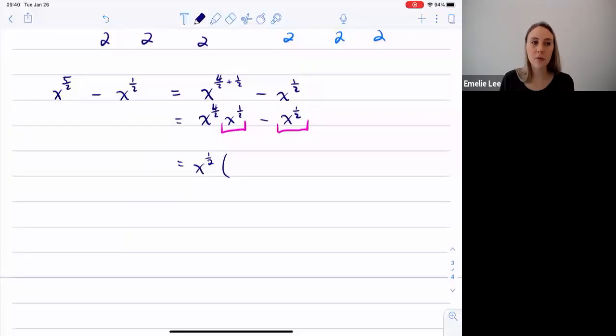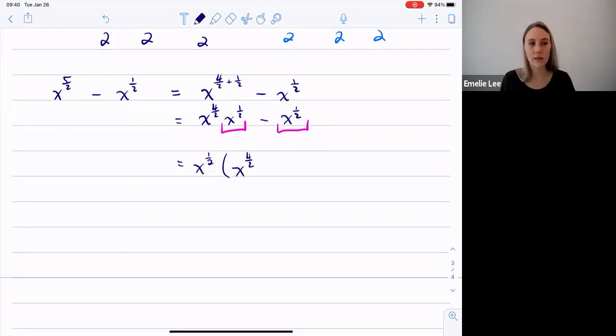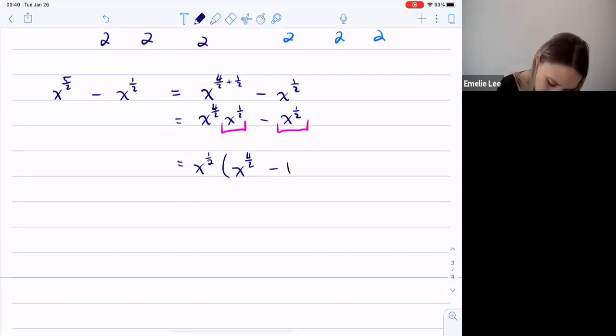Times x to the 4 over 2. Now, you can simplify that if you want to. I'm going to keep it as 4 over 2 just for another step, to emphasize what's going on here. So I've got x to the 1/2 times x to the 4 over 2 minus x to the 1/2, which is really x to the 1/2 times 1, so minus 1.